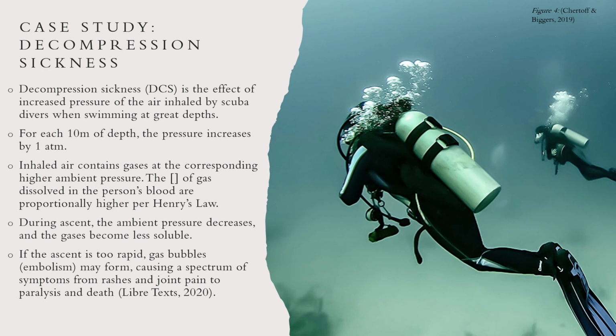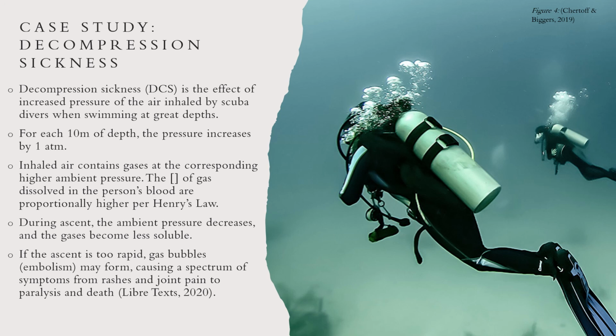As the diver ascends to the surface of the water, the ambient pressure decreases and the dissolved gases become less soluble. Actually, if the ascent is too rapid, the gases escaping from the diver's blood may form gas bubbles or embolisms that can cause a variety of symptoms ranging from rashes and joint pain to paralysis and even death.